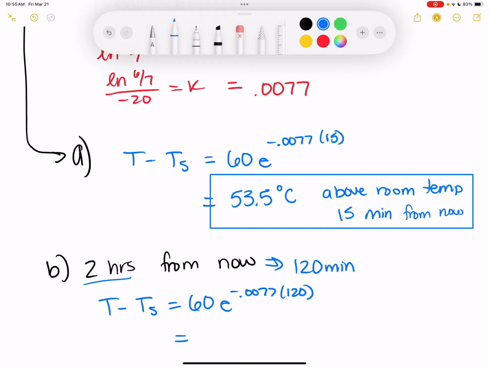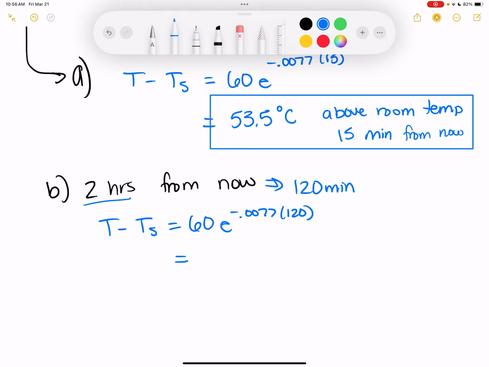Now I didn't really say this, but we would want to mention above room temperature in our answer. We don't necessarily have to put the time frame down because that was part of the question. Obviously if it was negative, I would want it below room temperature. And again, above room temperature.